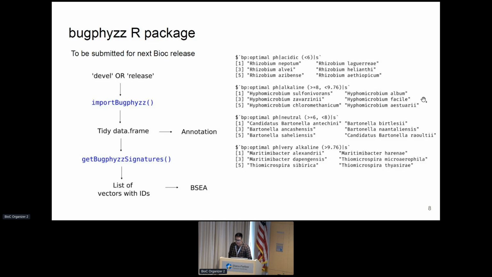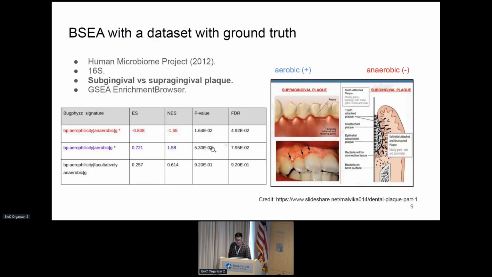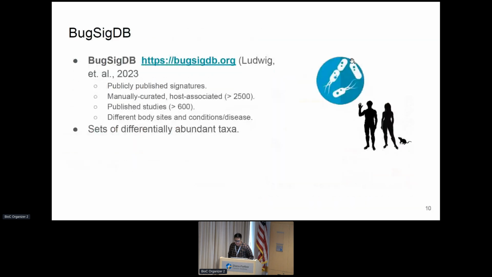So we used GSEA using the package EnrichmentBrowser, and we recovered the expected result, as you can see in the scores here. Positive scores are for aerobic and negative for anaerobic. And we also use this with the BugSigDB database that I mentioned at the beginning.